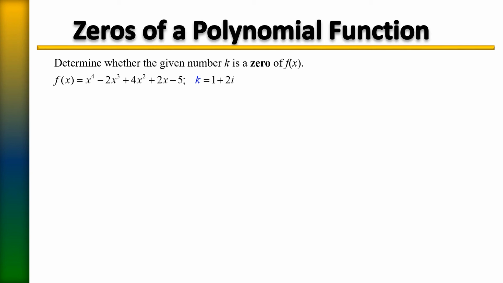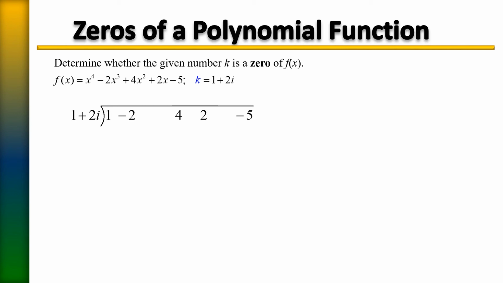So let's begin. We want to know if 1 plus 2i is a 0 of the given polynomial function. So that's going to be our divisor, which goes on the outside. I'm going to begin the process of this one, and I'm going to go through all the division, and on the screen to the right I'm going to show how they were multiplied in case you want to know how they were multiplied.